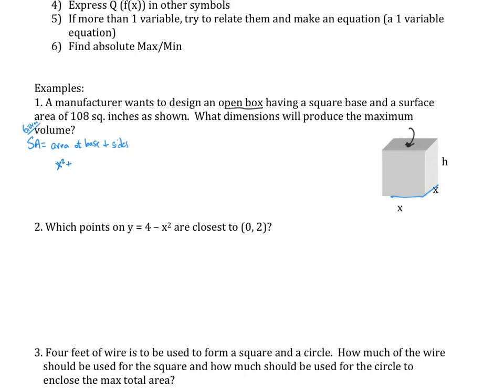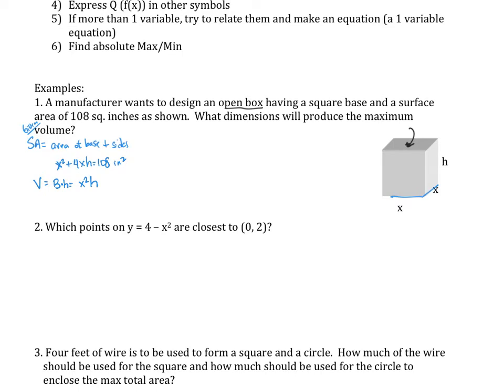You have x times h, and you've got 4 of them. So 4 times x times h, and this equals 108 square inches. All right? And then we have the volume, and the volume is the area of the base times the height, which would be x squared h.